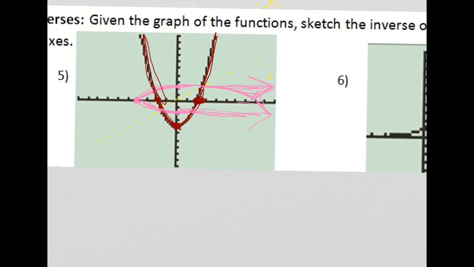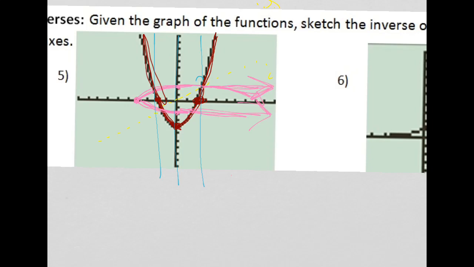Now going on to question number 7, asking if either of these are functions. Well, remember we have the vertical line test to tell if something is a function or not. So if you look at our original function in red there, we can see that that will pass the vertical line test. Anywhere we throw a vertical line in there, it only touches our function once.